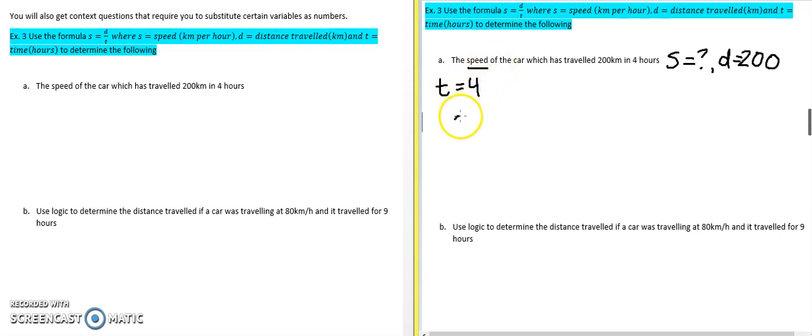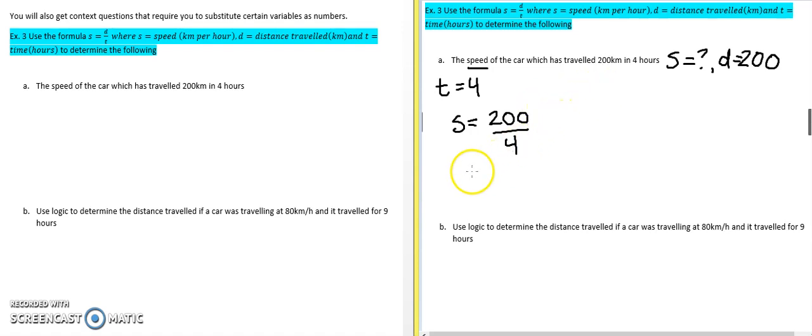So now we can just plug in the letter D and the letter T as 200 divided by 4, and this would give us the actual speed the car was going in kilometers per hour. And 200 divided by 4 is equal to 50.